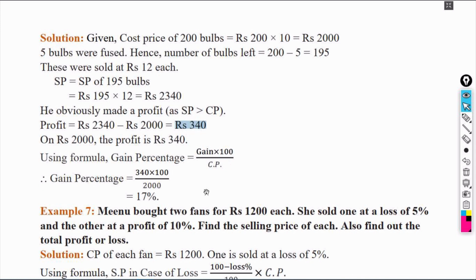Just cancel zeros. 3 zeros are there in 2000. Now 1 zero cancels this and this. Simply 2 17s are 34. It is 17%. Then there is profit, and gain is 17%.